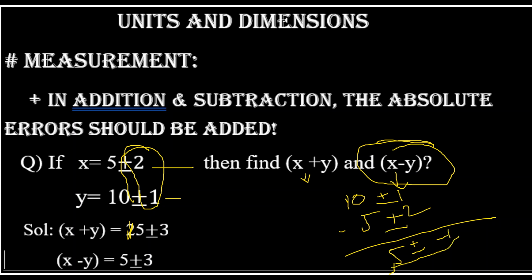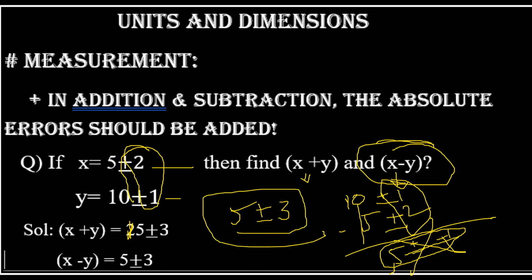This is absolutely a blunder. Simply add the errors. For x minus y, just subtract on one side, that is 10 minus 5 means 5, and add on the other side, 2 plus 1 means 3. This is the solution for x minus y. Now I think you are clear about finding x plus y and x minus y.